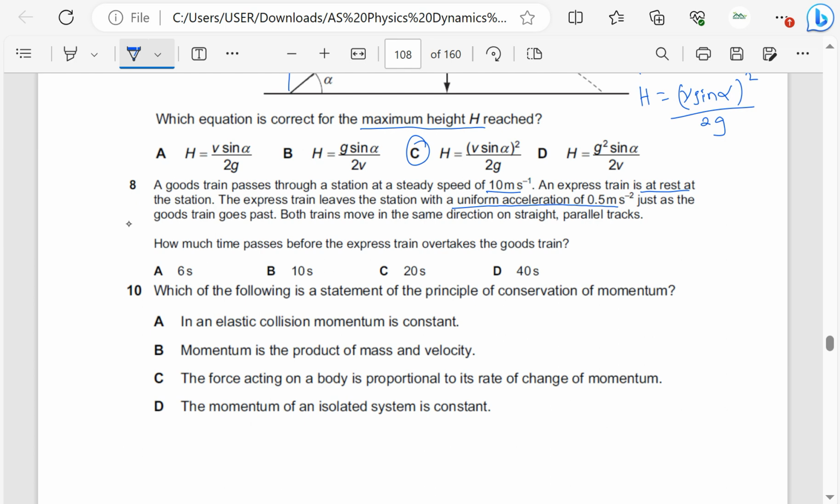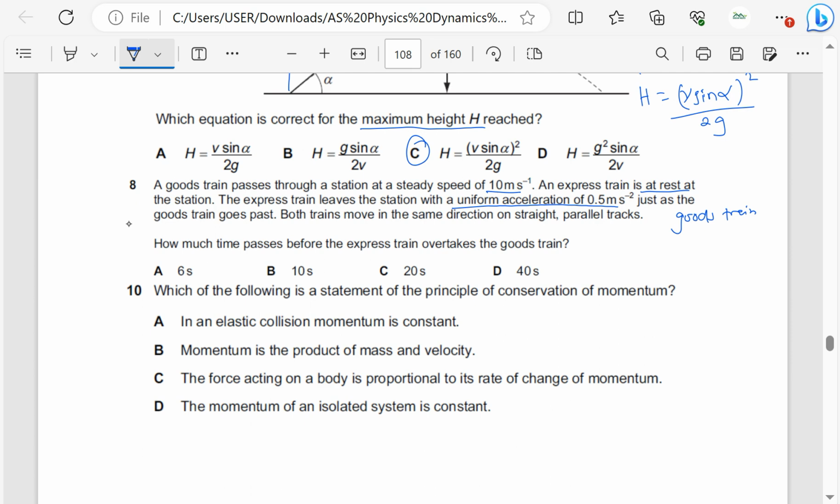How much time passes before the express train overtakes the goods train? Let me begin with the goods train, because the goods train is moving at a steady speed. Of course, in the same time, they will have traveled the same distance.